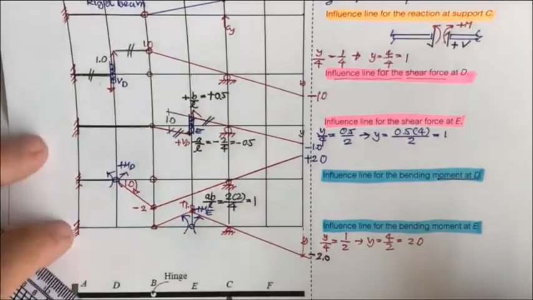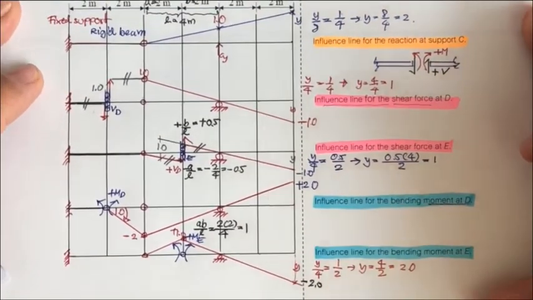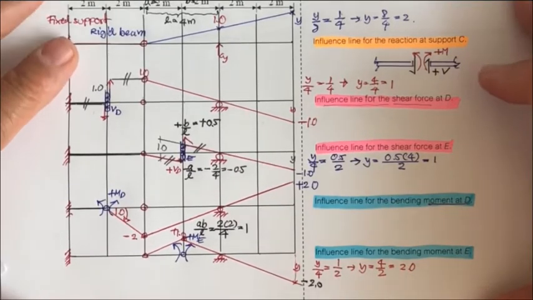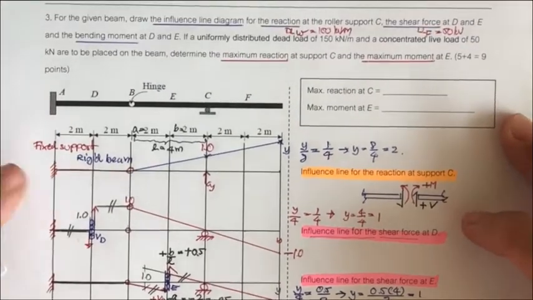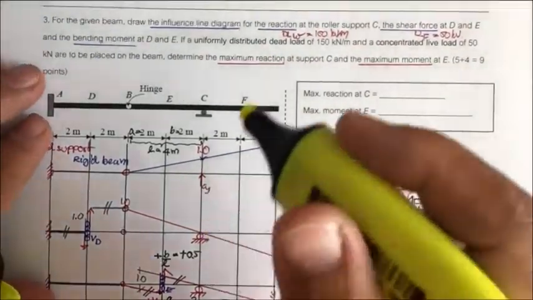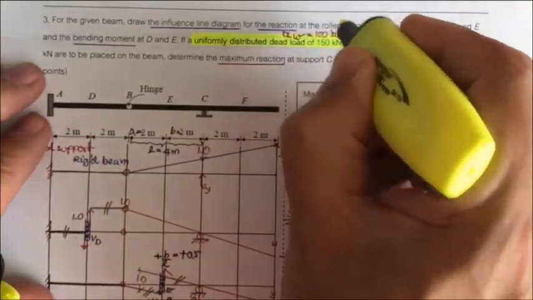This is the first objective of our learning, to draw the influence line diagram of the given beam. And next, learning objective 2, we will find the loading pattern. Again, please recall that we have the uniformly distributed dead load.